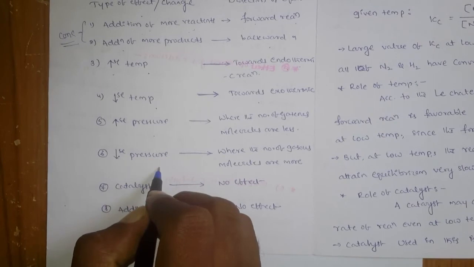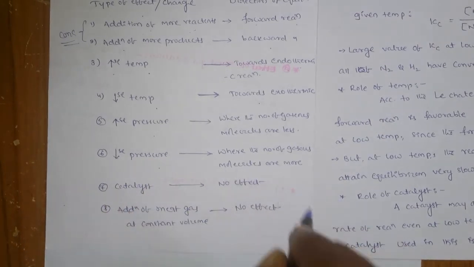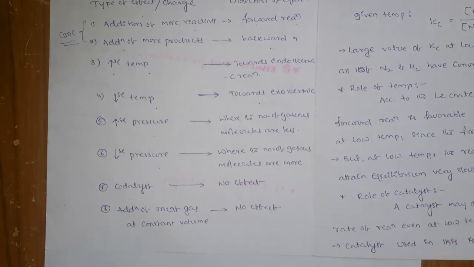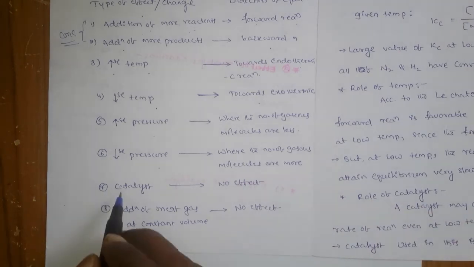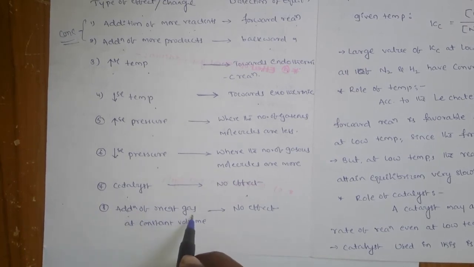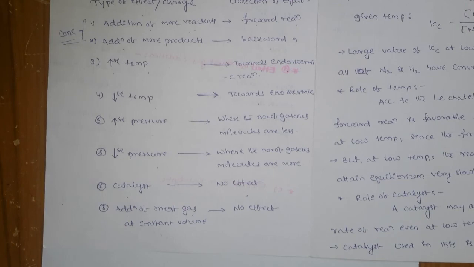When you decrease the pressure, the less number of moles convert into the more number of moles. For the catalyst, no effect. Addition of inert gas, again no effect.